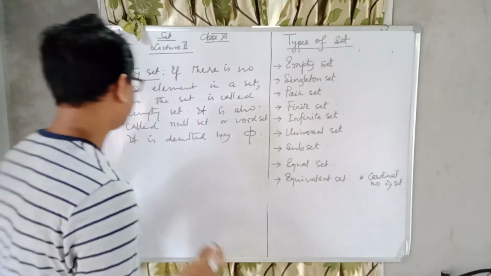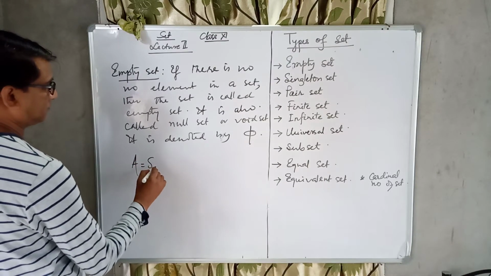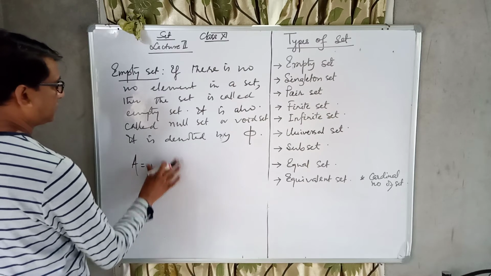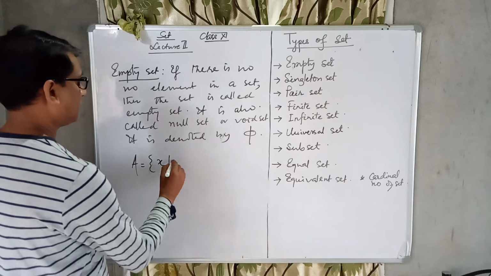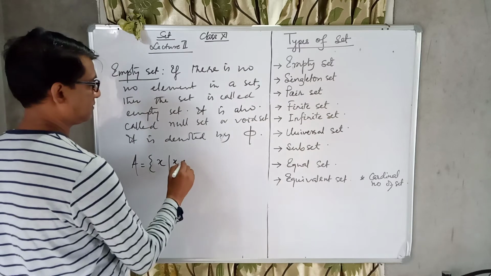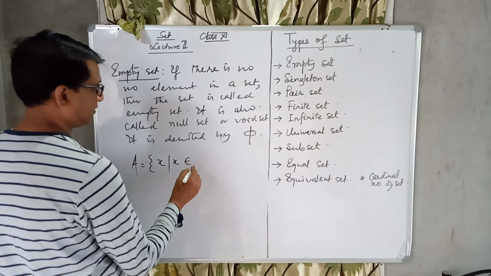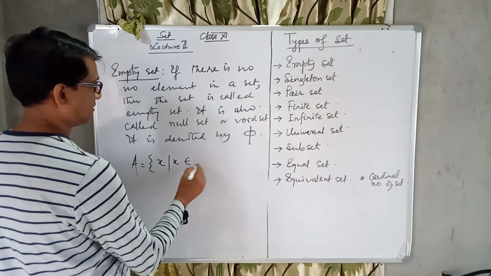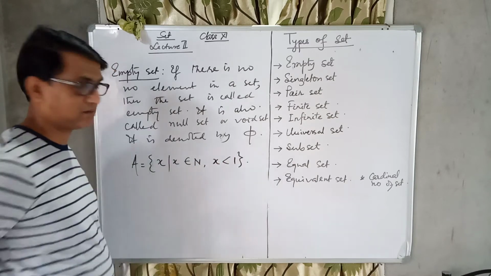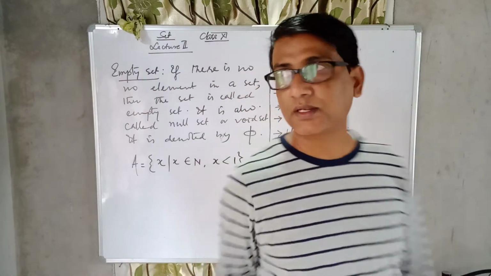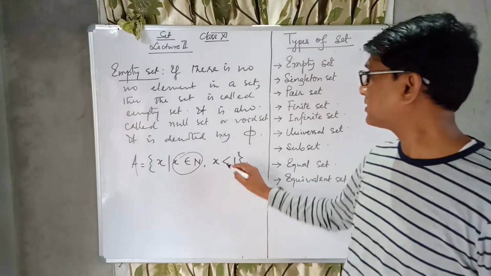As for example, if I write the set of x such that x is a natural number and x is less than 1, so the condition is x belongs to N and x is less than 1.